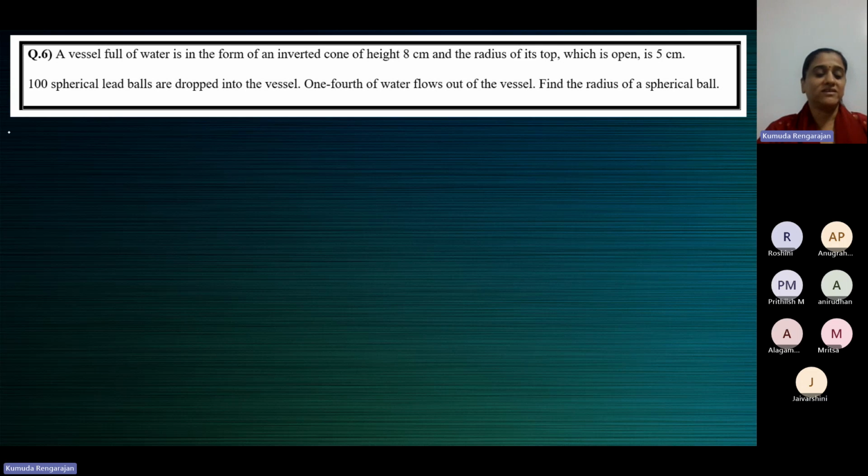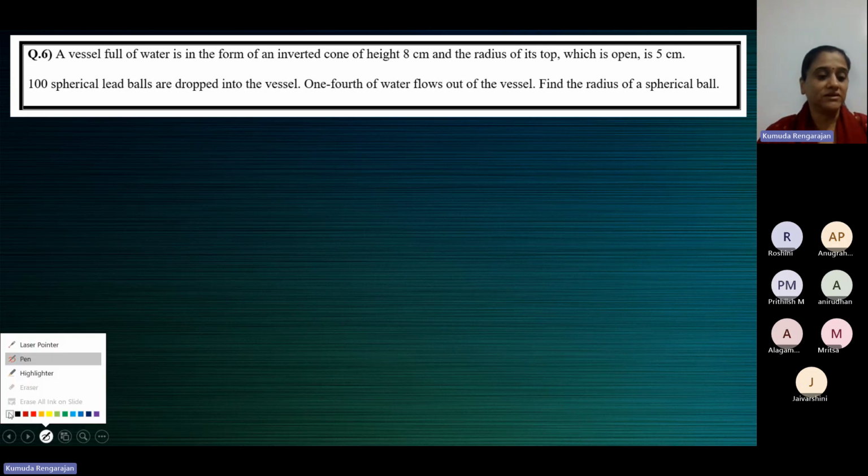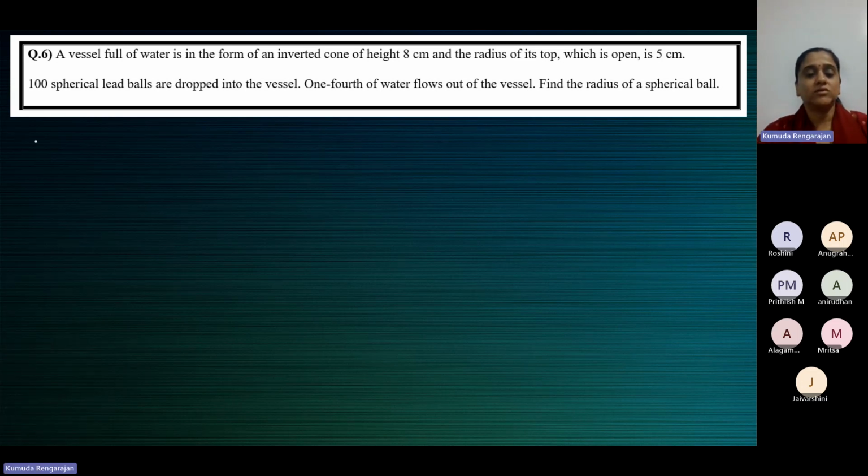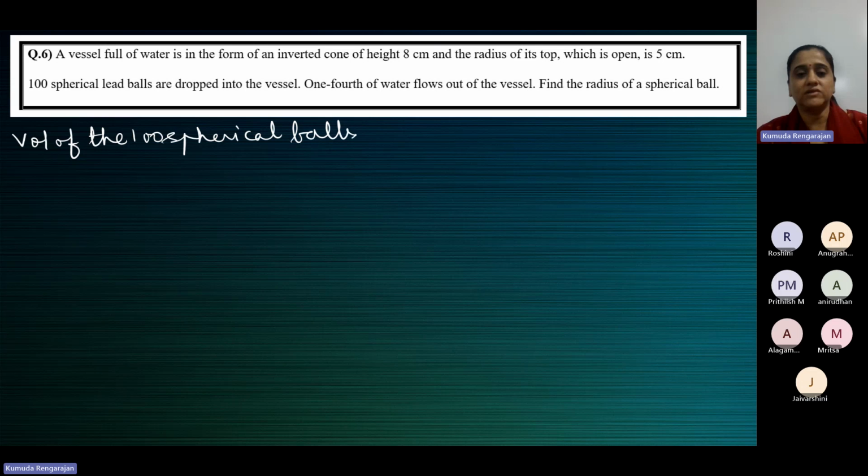So the equation is, let's see if you can complete it. You should find the volume of the 100 spherical balls is equal to... Complete it.